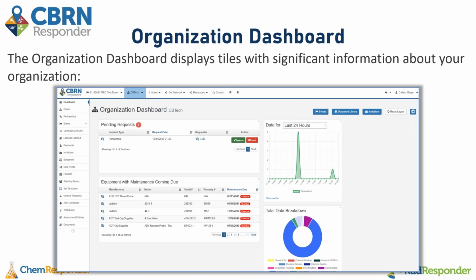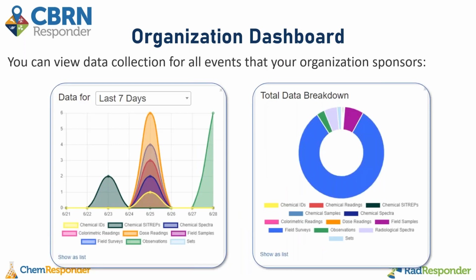The tiles that are on the dashboard will display significant information regarding your organization. So here you can see we have a pending request tile, an equipment tile, and 2 tiles pertaining to data. So the data tiles, these are the data collection for all events that your organization sponsors.